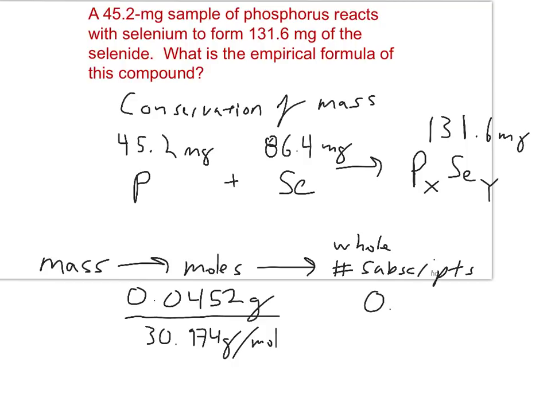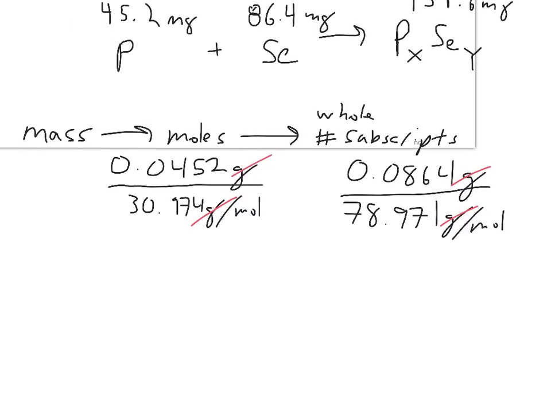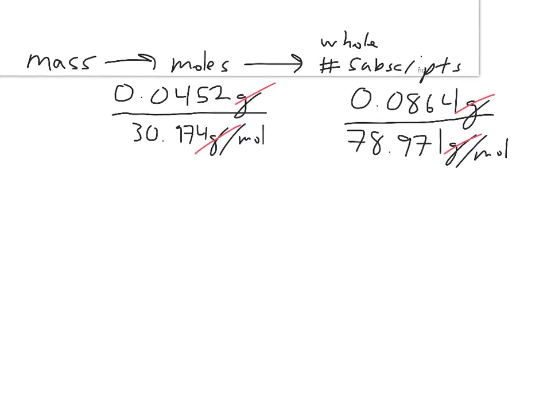Selenium, convert it to grams, divide by 1,000. Look at the periodic table. Its molar mass is 78.971 grams per mole. Grams will cancel, and we're left with moles. We do those calculations.